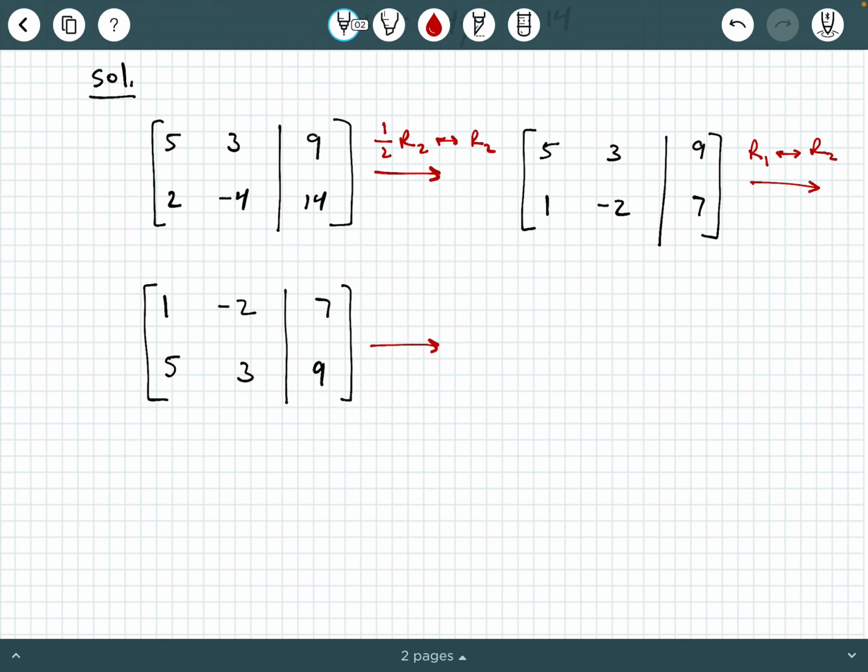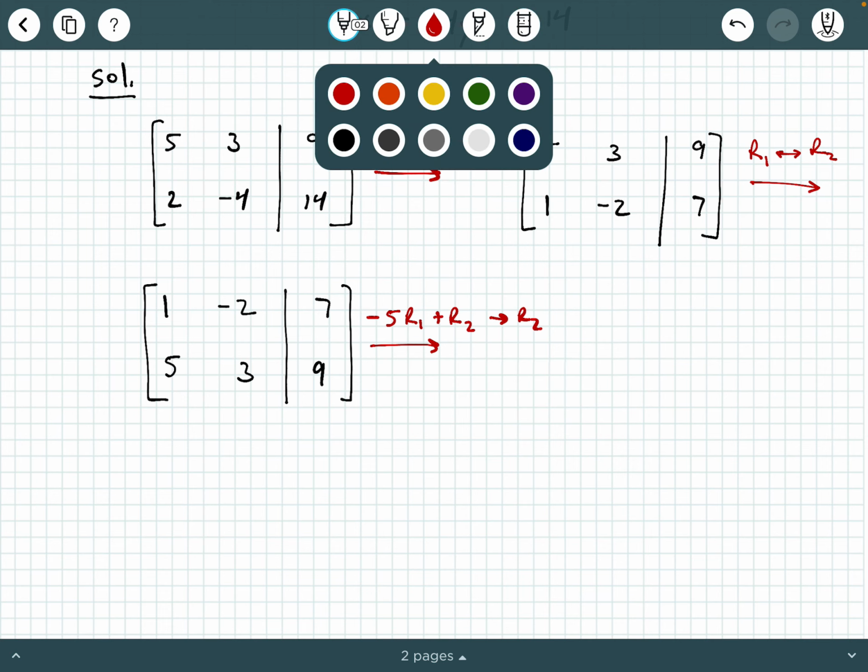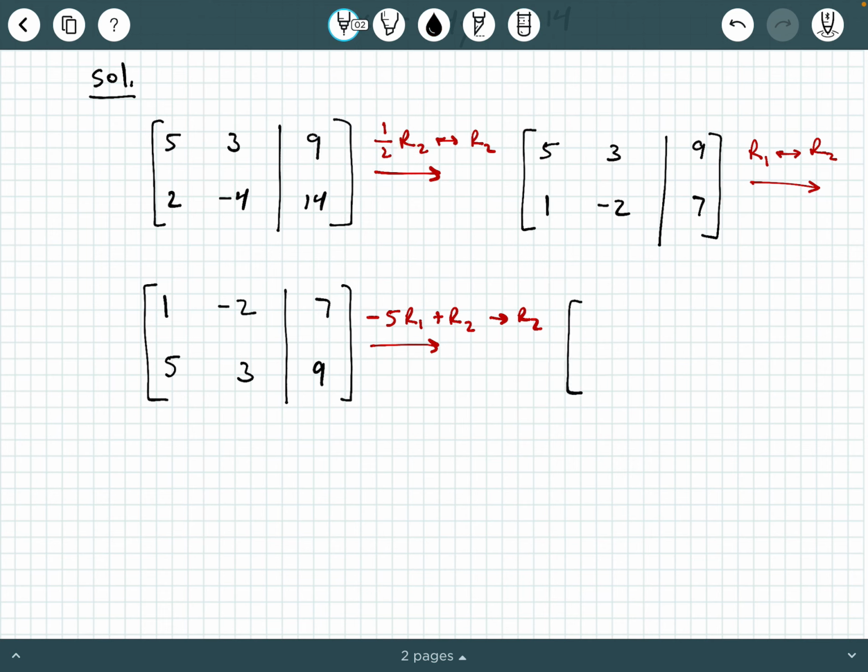Well, again, what I do is I try to get the lower triangle to 0 first, okay? So I'm going to say negative 5 row 1 plus row 2 to change row 2. So what does this become?